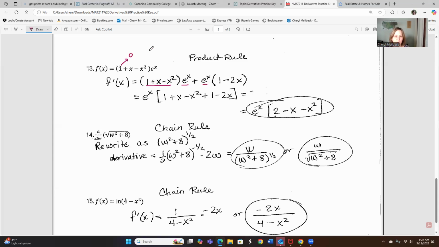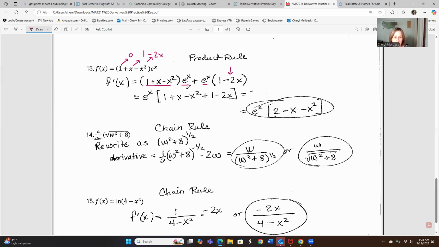Now the derivative of the first will be 1 minus 2x, because we'll take the derivative of each term. The derivative of 1 is 0. The derivative of x is 1. The derivative of x squared is 2x, and we'll be subtracting it. So here we have the derivative of the first.